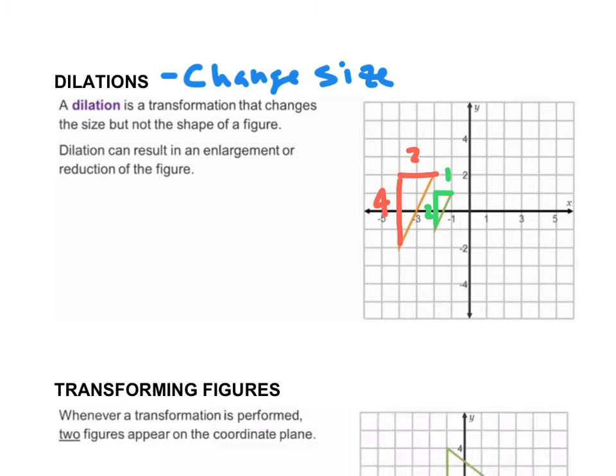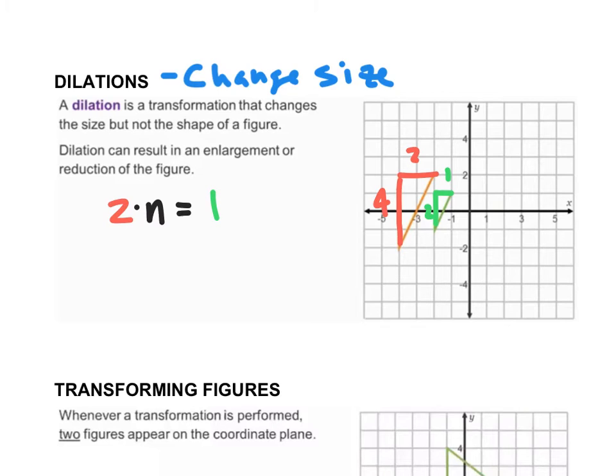Thinking about this, going from 2 multiplied by some number n, which we'll call the scale factor, gives us 1. So 2n = 1.